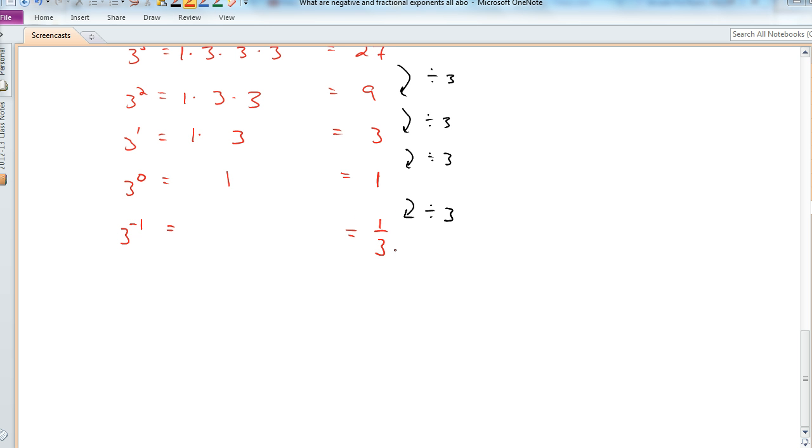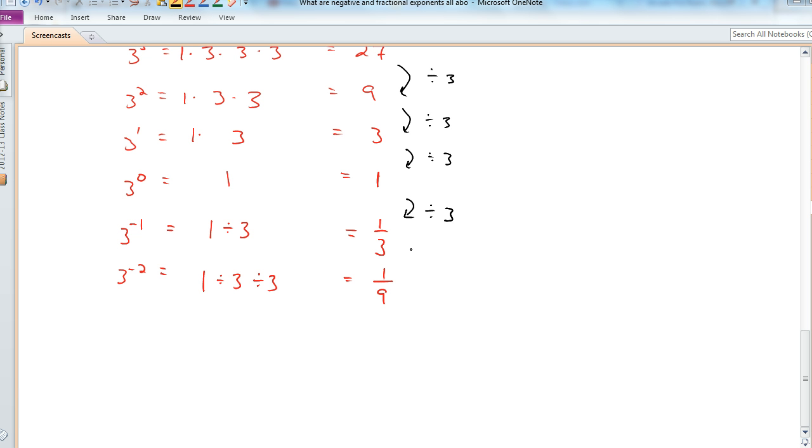Oh, I see. Maybe multiplying by 3 negative 1 times is the same as dividing by 3. So it's like 1 divided by 3. And if I do 3 to the negative 2 power, I start with 1, I divide by 3, and I divide by 3 again, and I'm going to get 1/9.